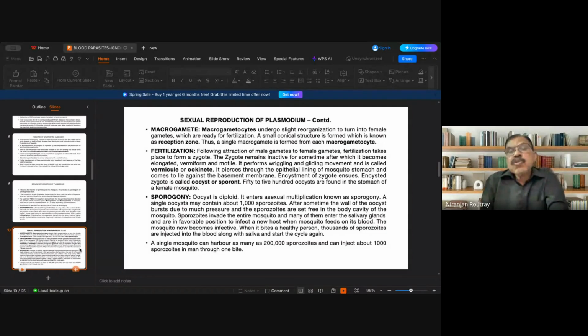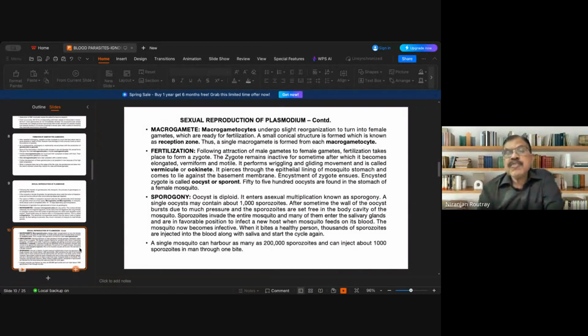So a single microgamete fuses with each macrogamete. The fusion results in the formation of a zygote, and this is a diploid zygote. This zygote remains inactive, but after some time it becomes spindle-shaped, or vermiform, or elongated.